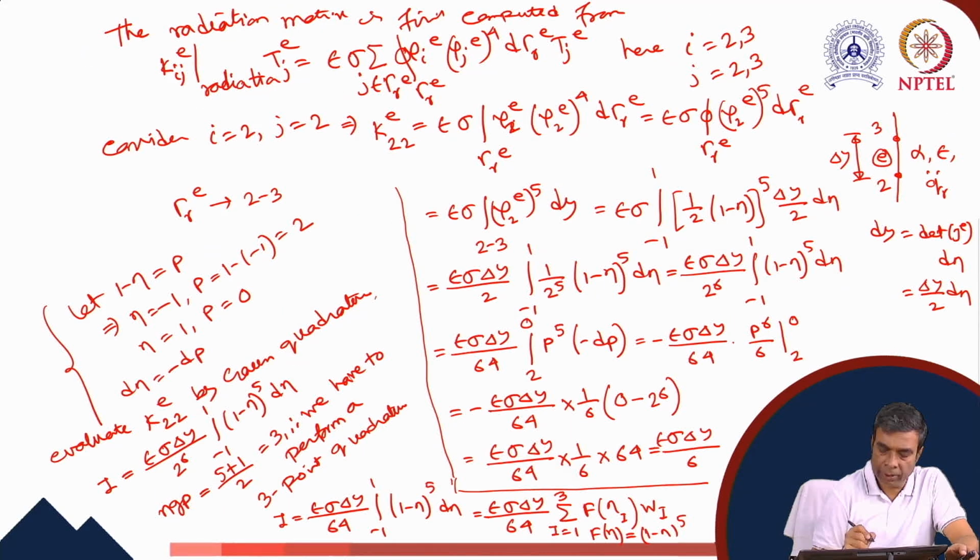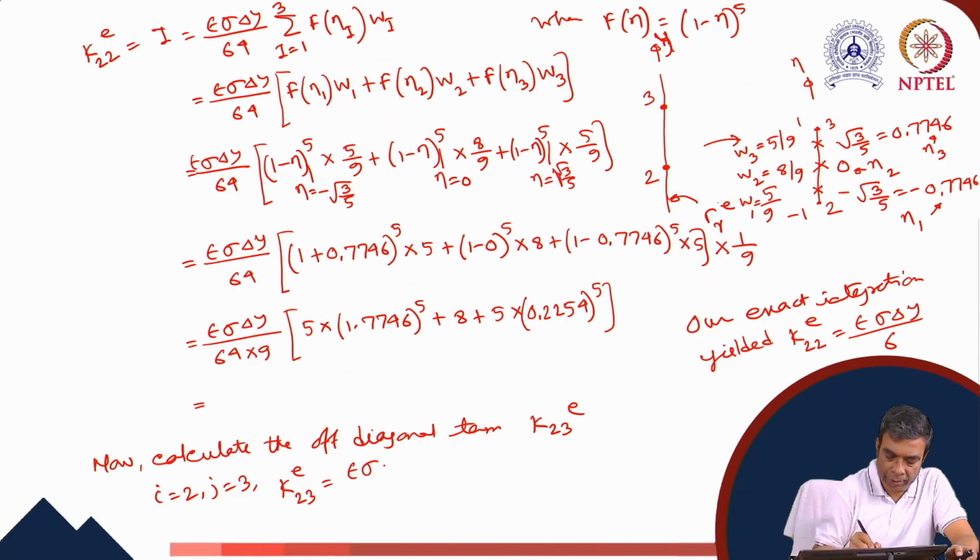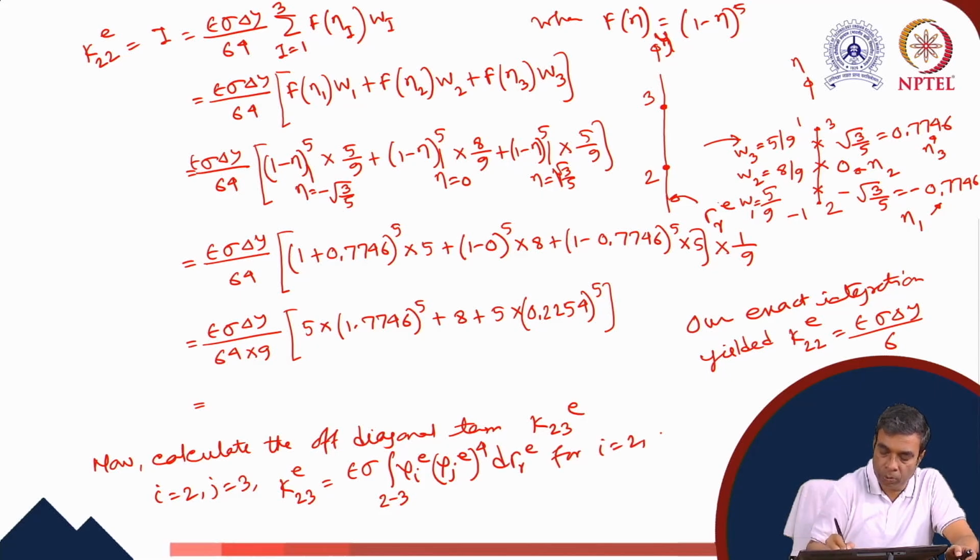Here we look into the generic expression. Our expression was epsilon sigma into integration over psi ie into psi je to the power 4 d gamma e. So this expression was epsilon sigma integration along the path 2, 3 psi ie psi je to the power 4 d gamma e for I equals to 2 and j equals to 3.